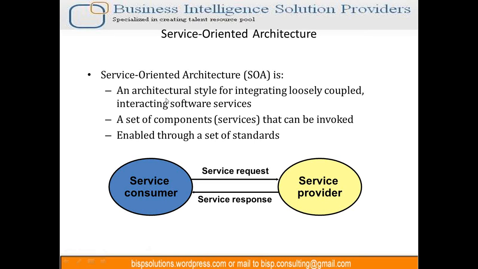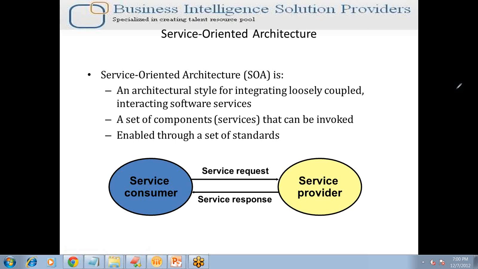Now, when I combine this word service and make it an architecture, I get service-oriented architecture, which is an architecture style for integrating loosely coupled interacting software services. We understood what services are, and we know what architecture is. Now, it has a word, loosely coupled, which is very important.